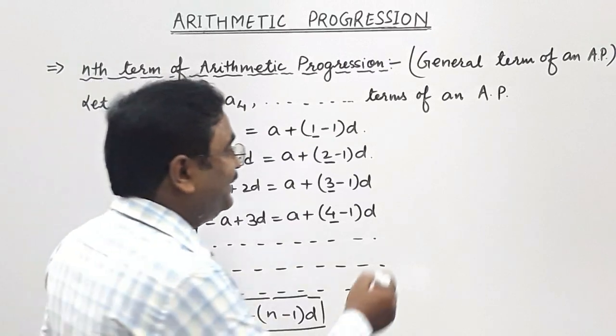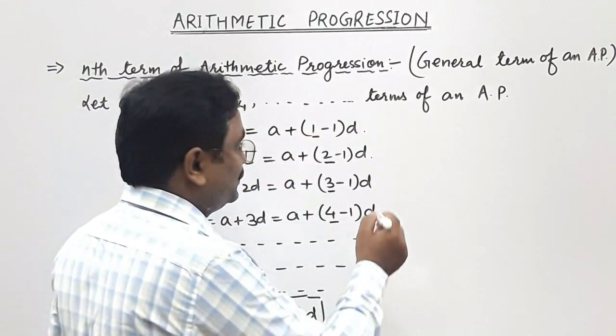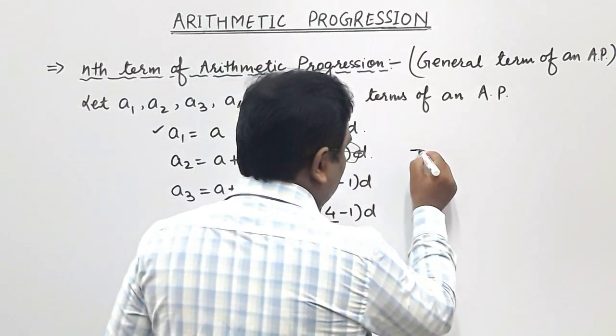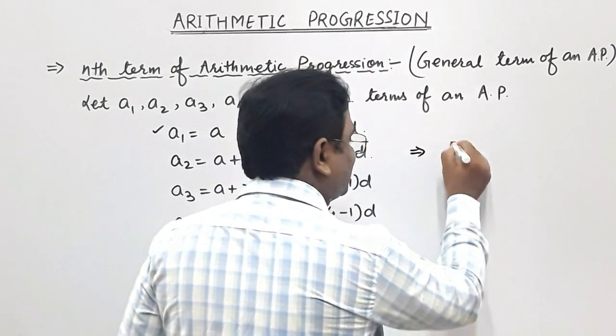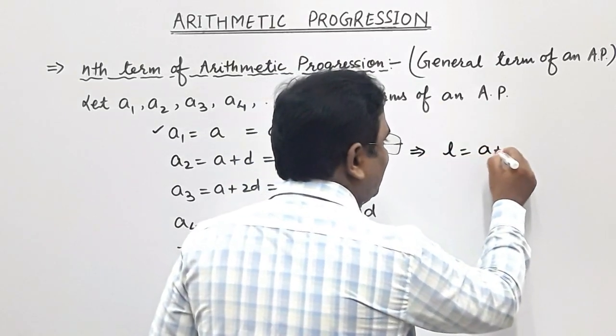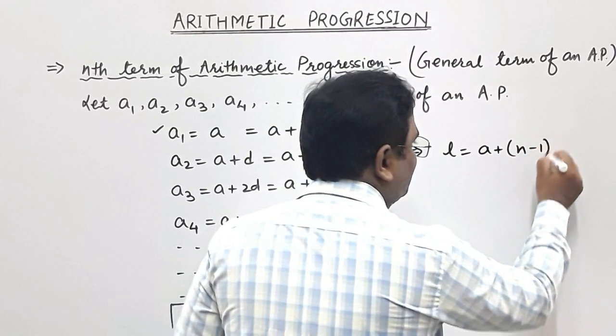If the last term of that series is the nth term, it can be written as a plus n minus 1 into d.